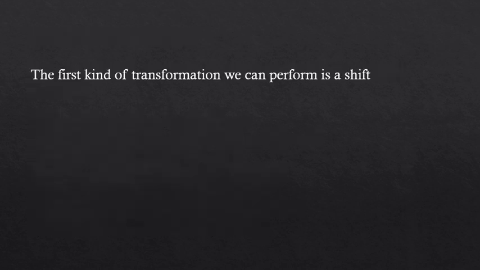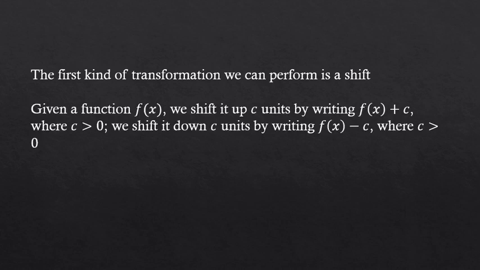So the first kind of transformation we can perform is a shift. Just taking the graph of our basic function and moving it up, down, left, or right. And how do these shifts impact the function itself? If we're given a function f of x, we shift it up c units by writing f of x plus c, where c is positive.